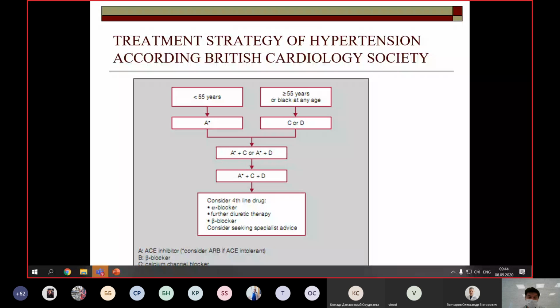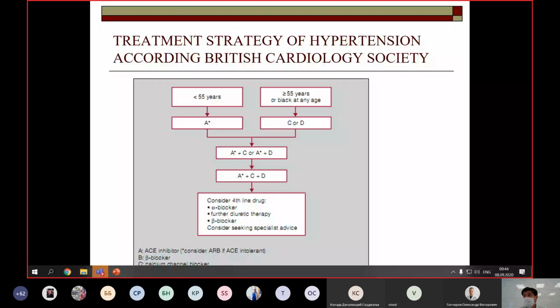Avoid combining these drugs, for instance ACE inhibitors with ARBs. If we have a black patient of any age, please use calcium channel blockers or diuretics, thiazide-like diuretics.